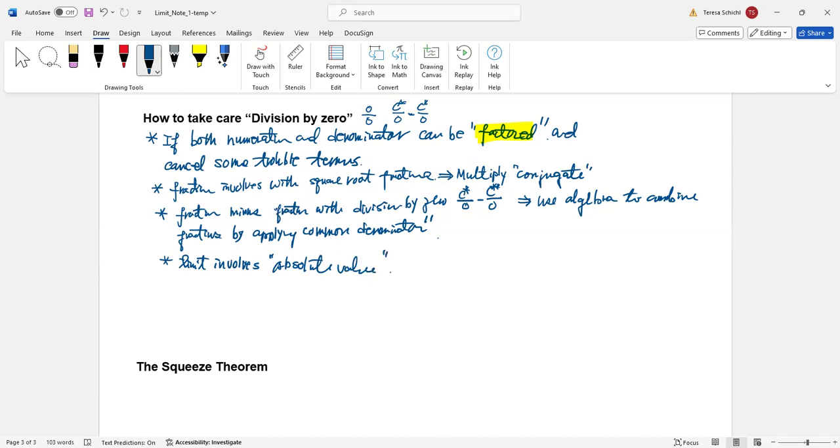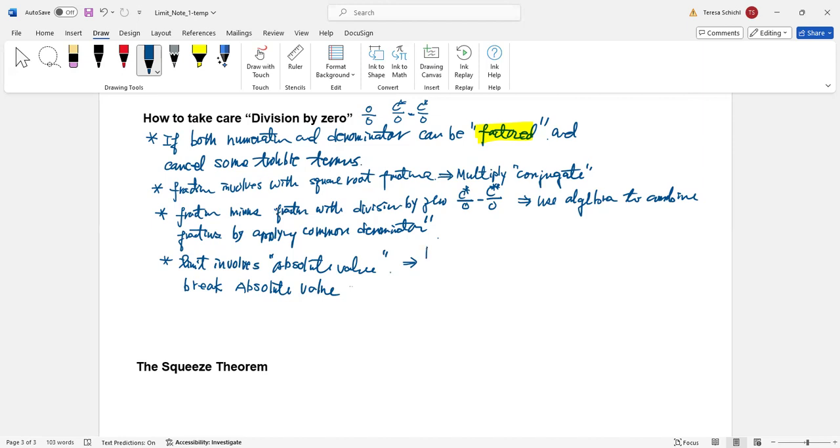If limits involve absolute value, one of the very, very basic algebra skills we need to know is what do we need to do? We need to break the absolute value sign.